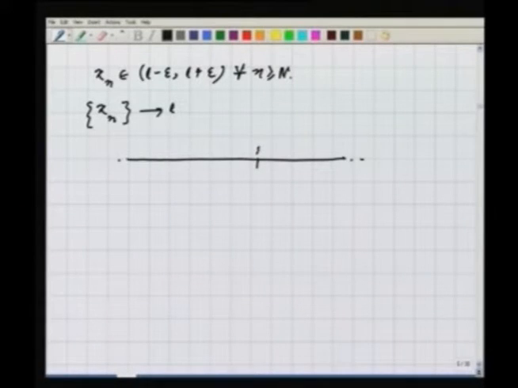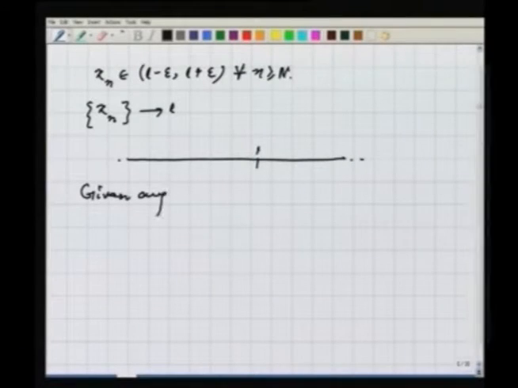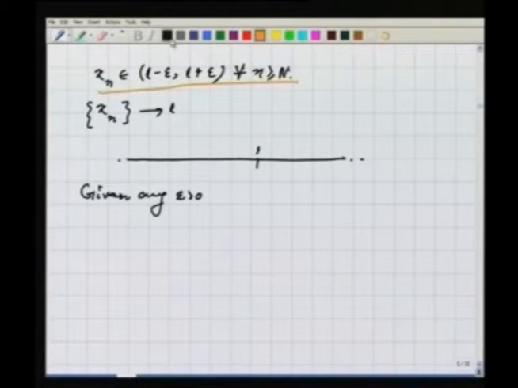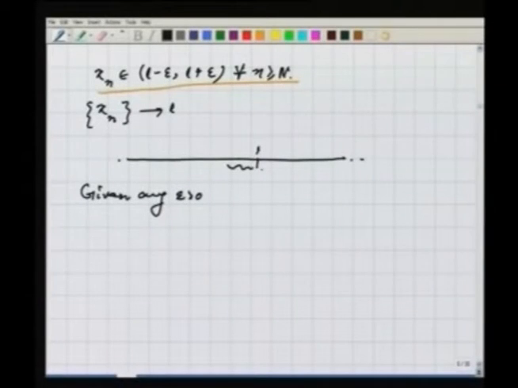Then the definition says that given any epsilon bigger than 0, you are measuring how far you want to go away from L. I choose the epsilon distance here and here.